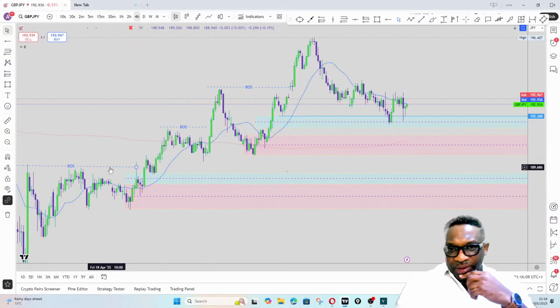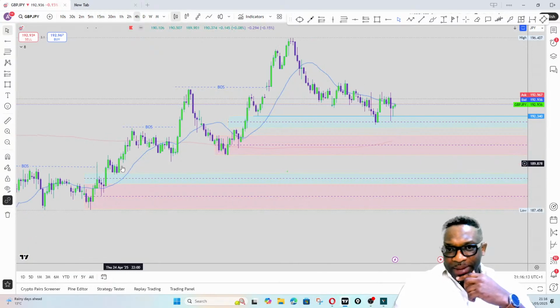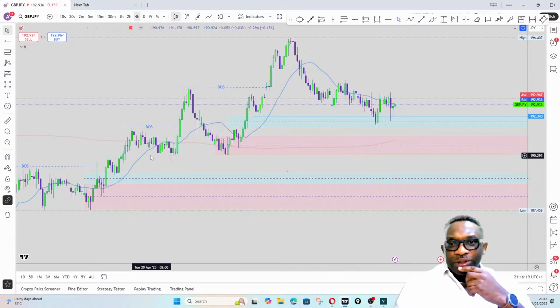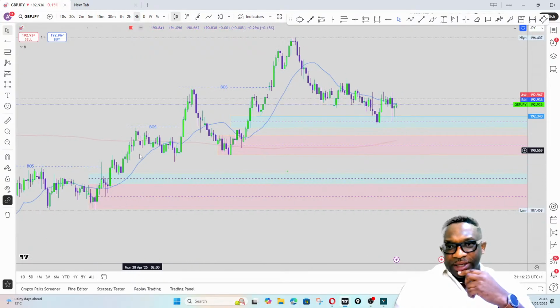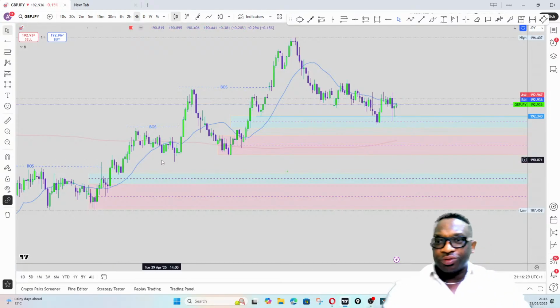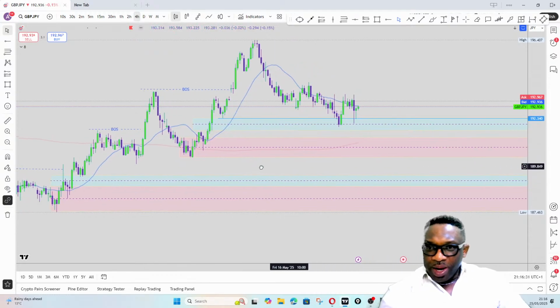This is the area that I marked on the daily time frame. We came back into the imbalance, tested that area, and then pushed up. From this point on, we can see that price is making higher highs, telling us that this is an upward trend. The same way we have here.